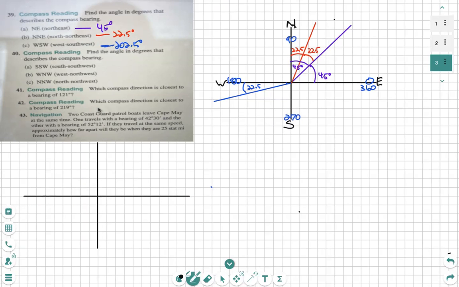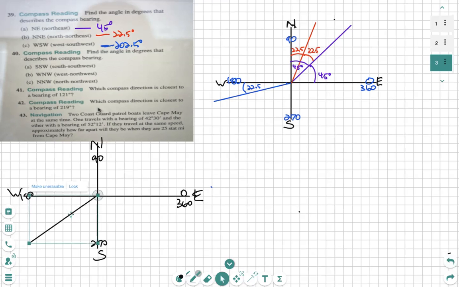Okay. Now we're going to do the same thing again, finding the angle, the degrees of the compass bearing. So we have north, south, east, west, 0, 90, 180, 270, 360. So south-southwest is going to be between southwest and south.